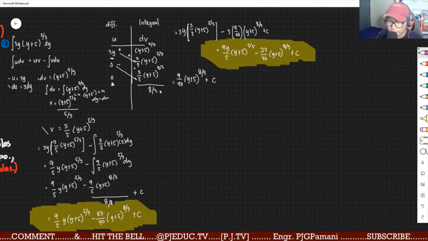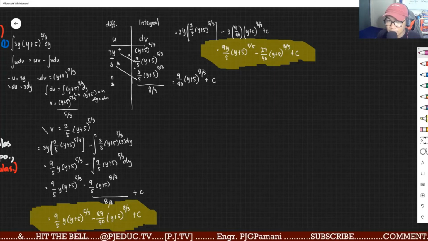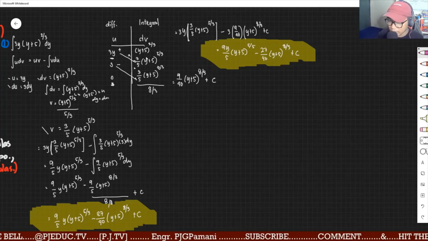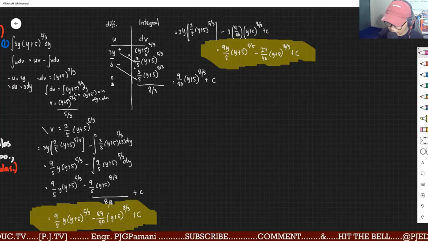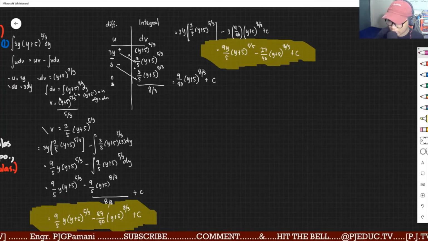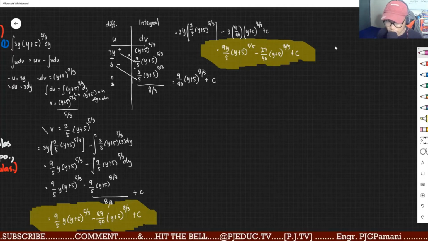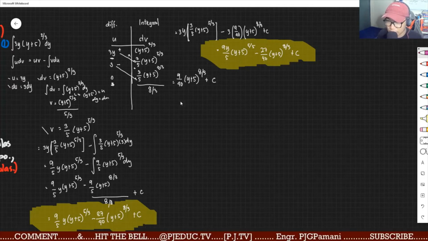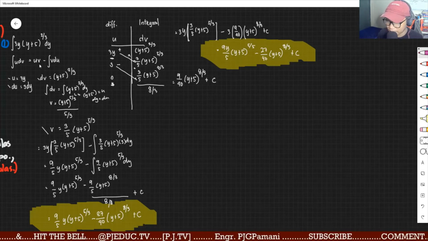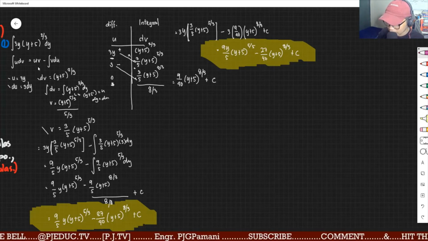As much as possible, the shorter one. But if the problem is already long, use the long method. But if the problem is only like this, it's much more convenient to use this particular method, the tabulated one. Okay?